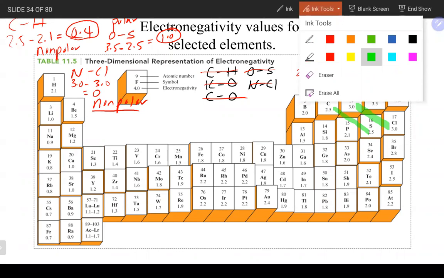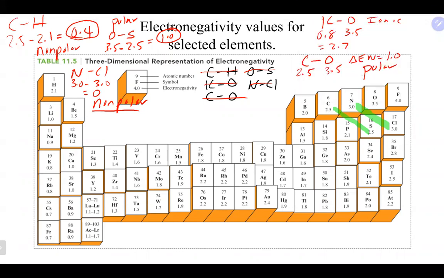Now, people always go, well, I can't answer these questions because I don't have a table. And you don't necessarily need the table in all situations to help you make an educated guess. You could use the general trend in electronegativity to do that. For example, we did carbon and oxygen. Carbon is right here. Oxygen is right here.